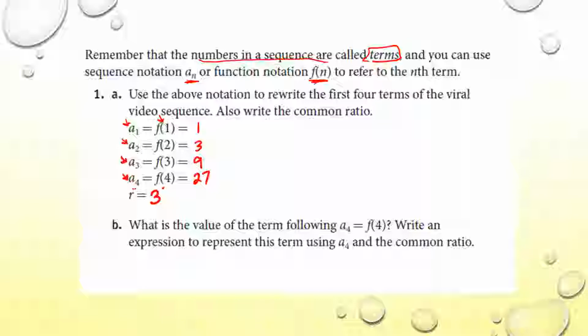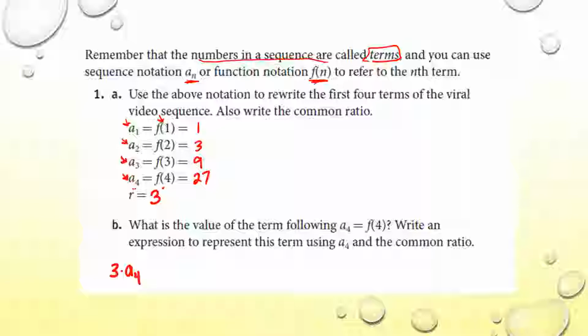So we want to know, what is the value of the term following a sub 4, also known as f of 4. So what would be the next term? Write an expression to represent this term using a sub 4 and the common ratio. So it would be 3 times a sub 4, right, to get to the next term.